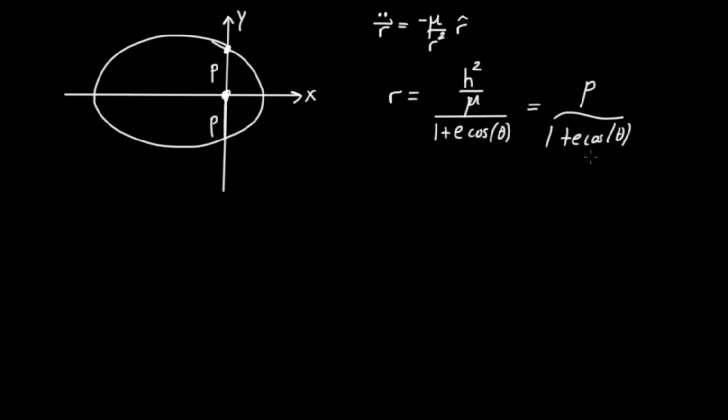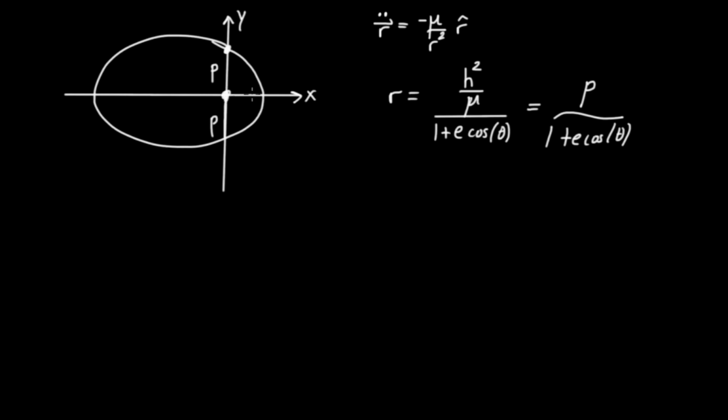Now, by analyzing this polar equation a bit further, we can also find some other parameters of this ellipse. I'll remind you too that the distance from the origin to here on the x-axis can be found by plugging in theta equals 0. When we do that, we get p over 1 plus e times cosine of 0, so we get p over 1 plus e.